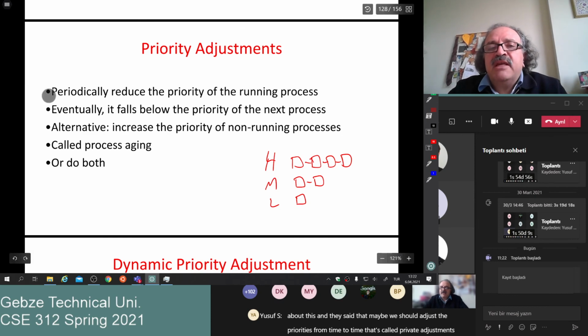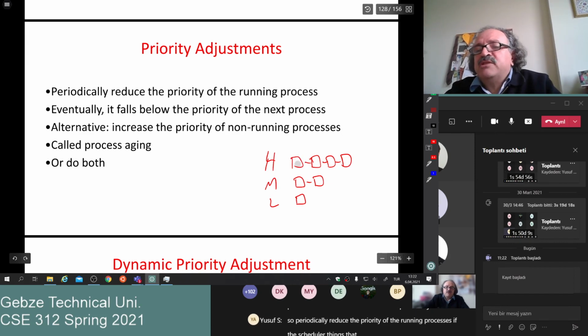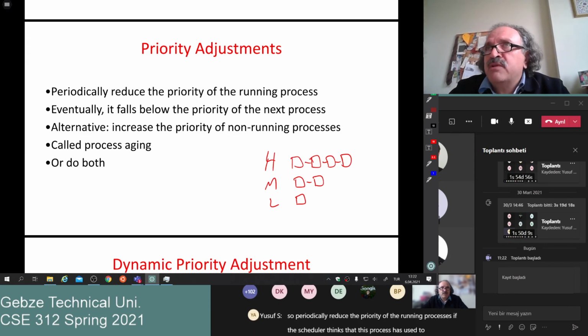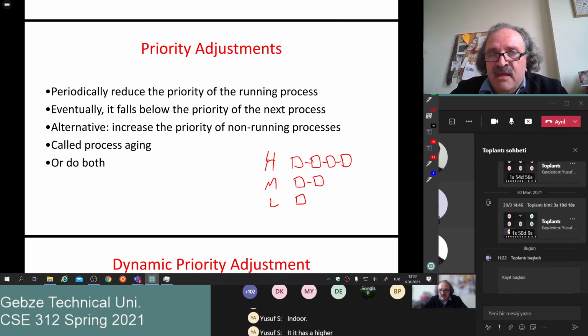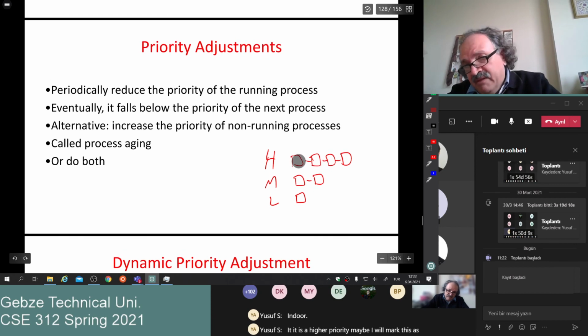So periodically reduce the priority of the running processes. If the scheduler thinks that this process has used too much CPU time, even though it has a higher priority, maybe I will mark it as a middle level priority.